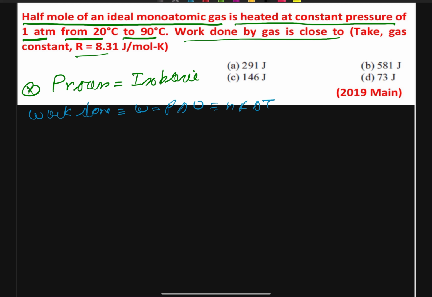To put the values directly, we can just solve it later on.